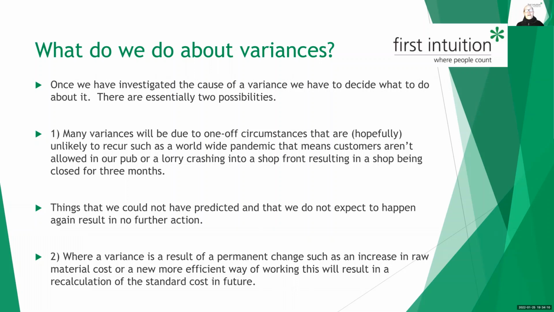So if we find that 3 months in a row we've used 5% more material in volume than we expected, we'll go back and rewrite the standard cost, and we'll for future be expecting to use a greater amount of material, because now we know our product is more expensive to make. It might be that'll feed through to a change in the price. So if it's a one-off, it's just one of those things, we do nothing.